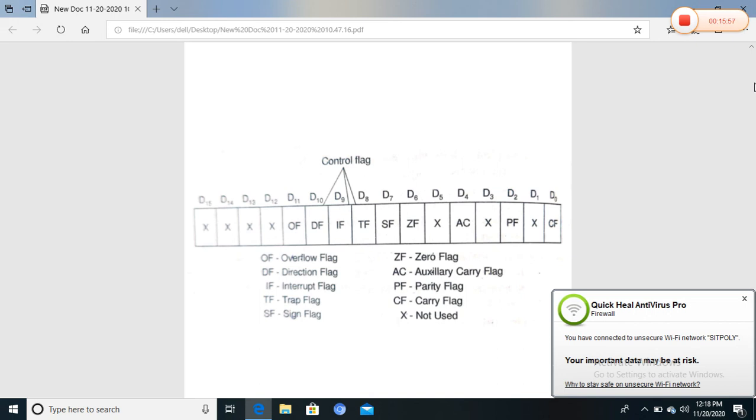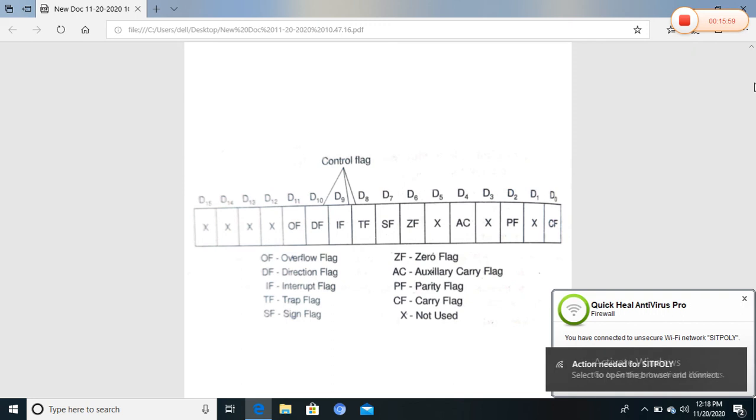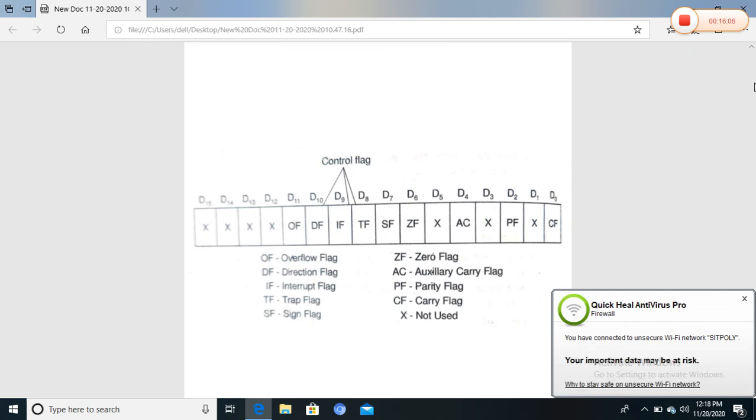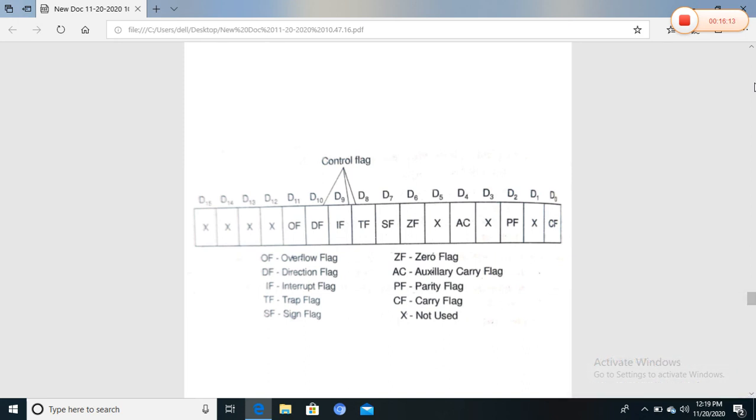If IF is 1, the interrupt is enabled. If IF is 0, reset, then the interrupt is disabled and the interrupt is not generated in the processor. That is indicated by the interrupt flag.